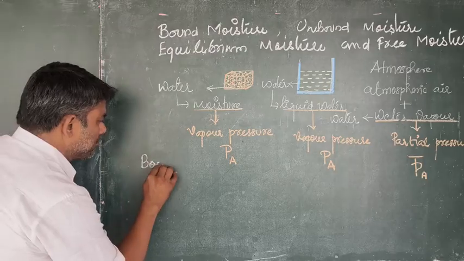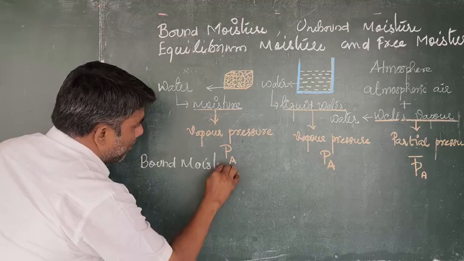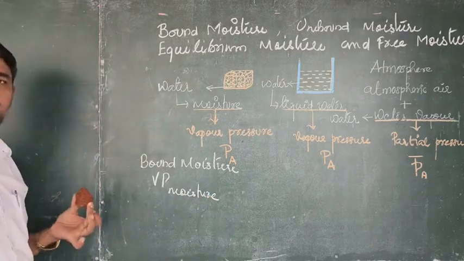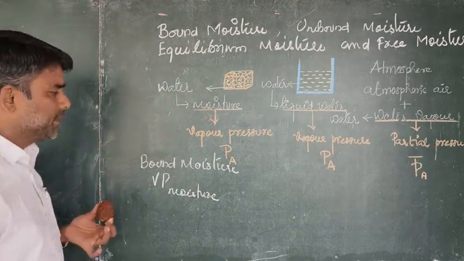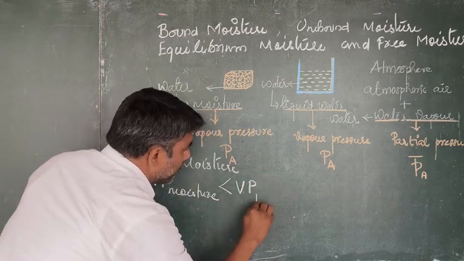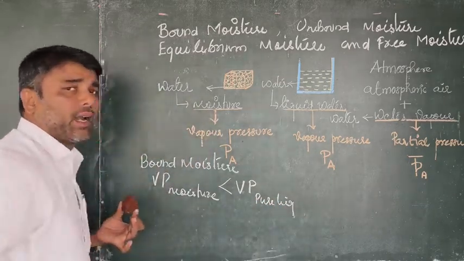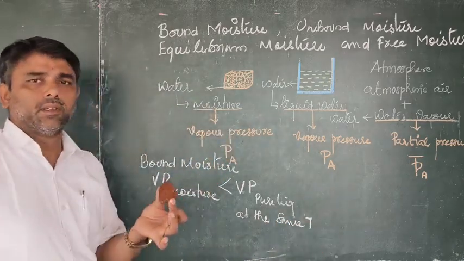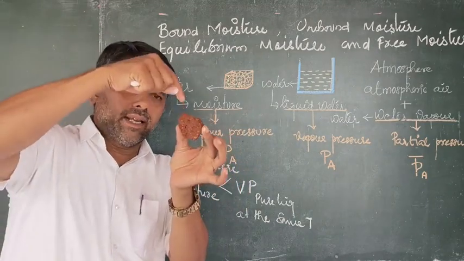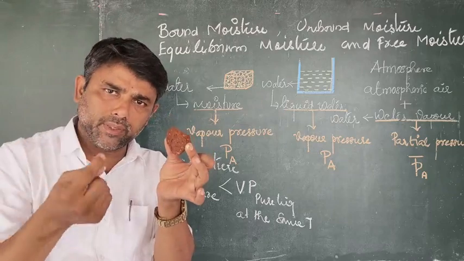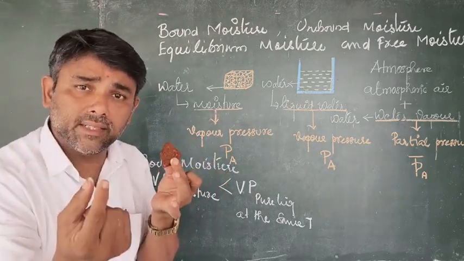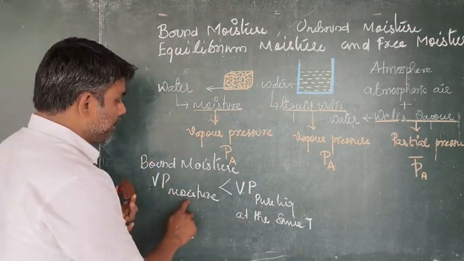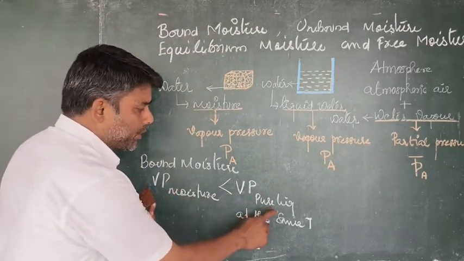Bound moisture is moisture contained by the substance that exerts an equilibrium vapor pressure less than the vapor pressure of pure liquid at the same temperature.